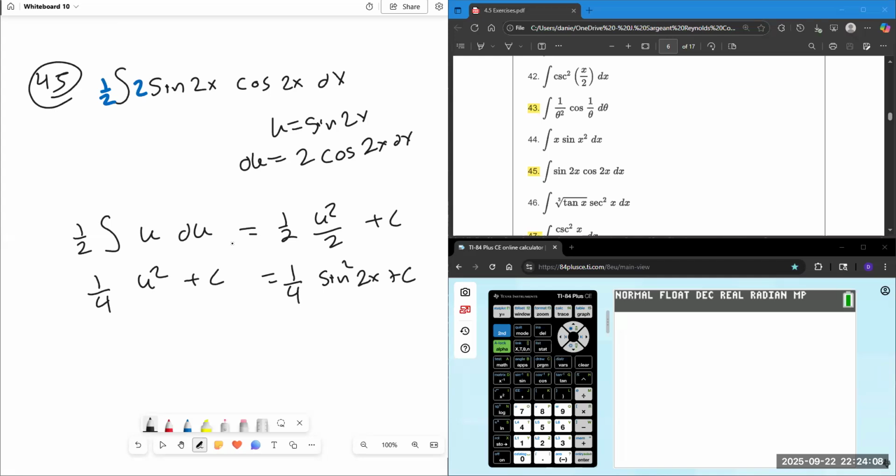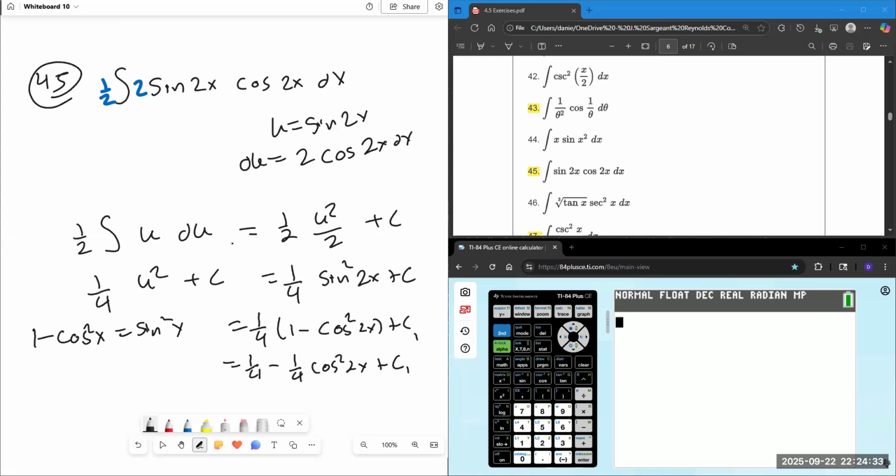And if I can write it as sine squared, I could also write it as cosine squared, because 1 minus cosine squared is sine squared. So this could also be 1/4 of 1 minus cosine squared 2x plus c, which is 1/4 minus 1/4 of cosine squared 2x plus c.